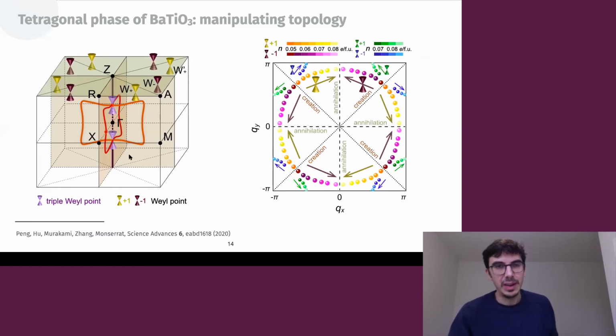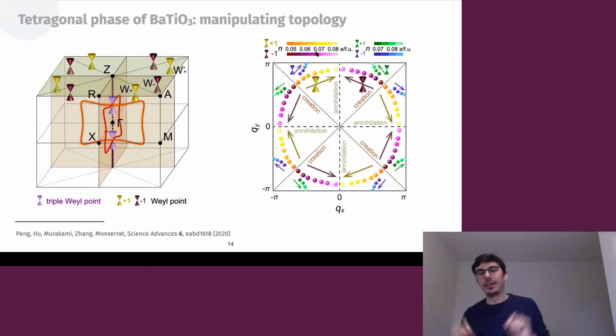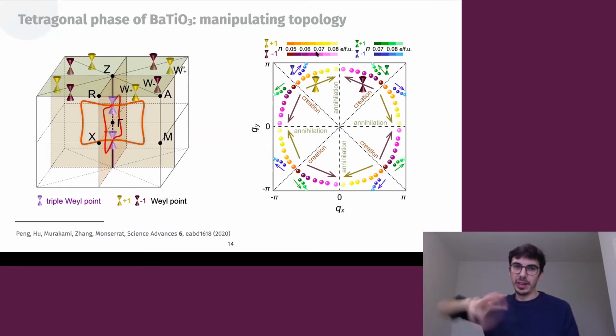What I show on the left, which is the diagram I had earlier, is somewhere in the middle of this process. I think it was about 0.07 electrons per formula unit. So that's when these Weyl nodes are all there and traveling from being created to being annihilated. But this shows how we can use light to essentially control where these are.